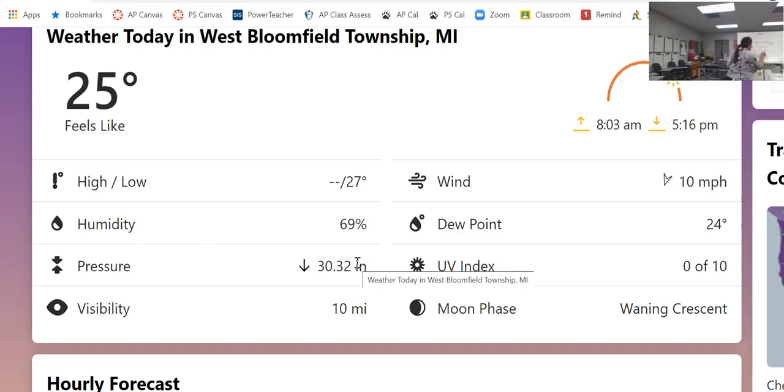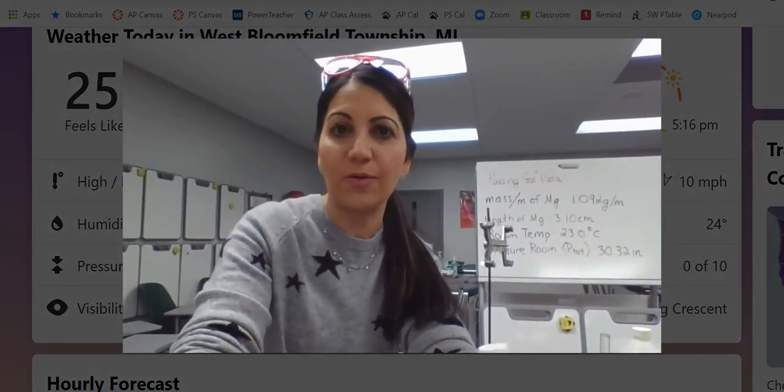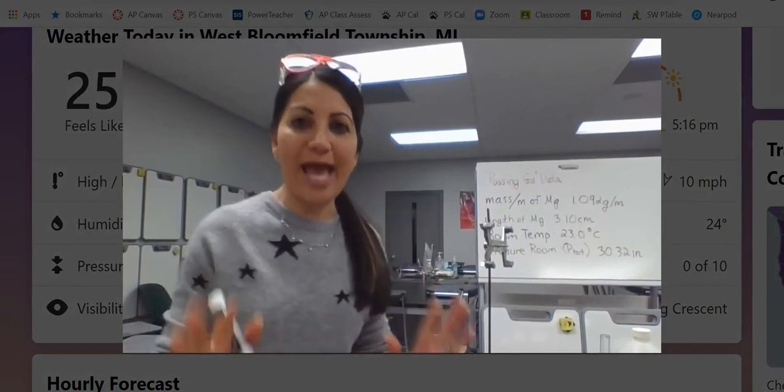That down arrow, by the way, simply means that the pressure is dropping. So these are the values that we have so far.